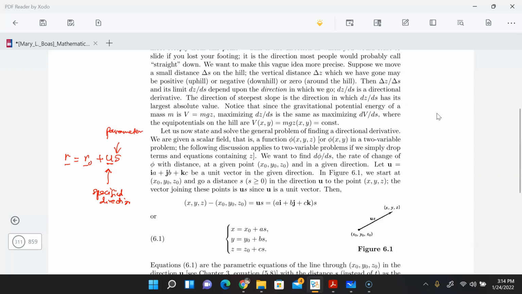So r naught is just a given point. Then what one does is write down the components: your u is given by a, b, c.